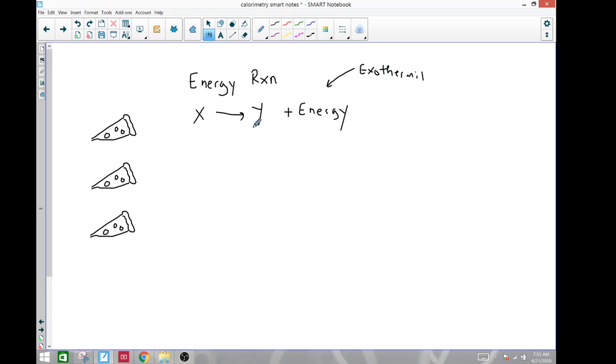Well, how much energy does it give off? Well, that's like saying, if I eat pizza, how much energy do I take in? Well, it depends how many pizzas you eat. So really, our chemical reaction is a cycle. And how many times we cycle through that process determines what energy we give off.